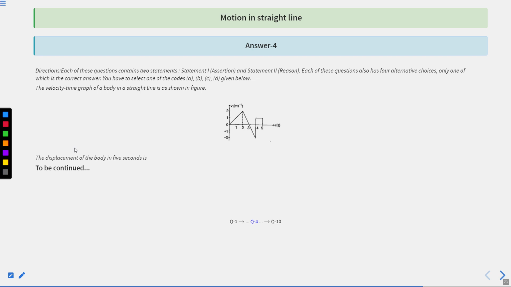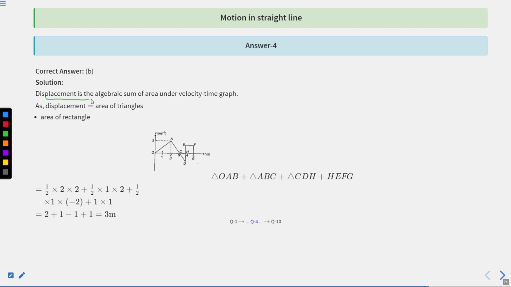Answer. This is the displacement of the body in 5 seconds. This is the main question asked. Clear? And this is the velocity time graph. Clear?